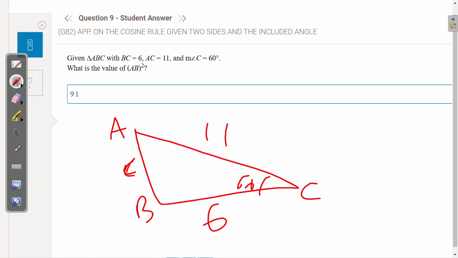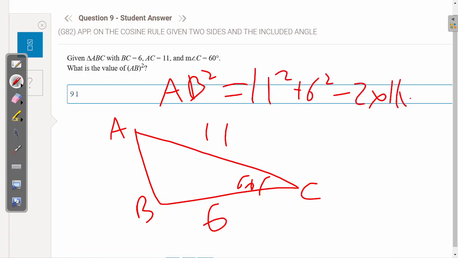cosine rule. Okay, so AB squared equals 11 squared plus 6 squared minus 2 times 11 times 6 times cosine 60.